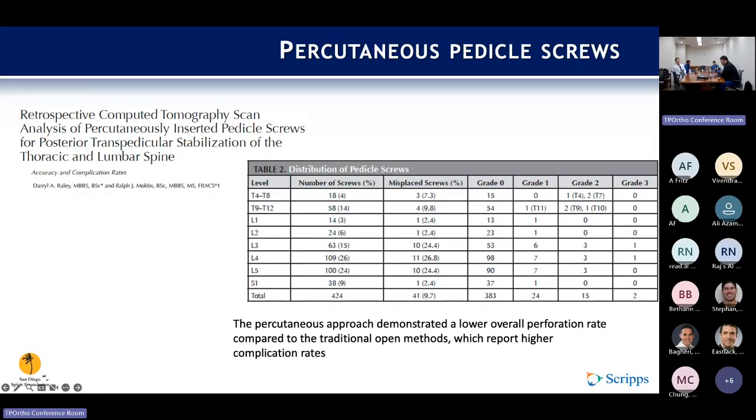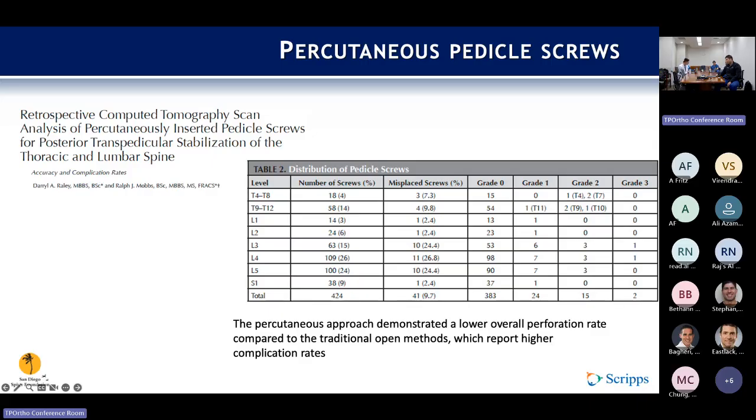This is another study. Pedicle screws were inserted from T4 to S1, most commonly at L4, L5 for spondylolisthesis. The complication rates that they found was, out of 424 screws inserted, only 9% were misplaced. The vast majority of them were grade 1 violations, which were breaches less than 2 millimeters.